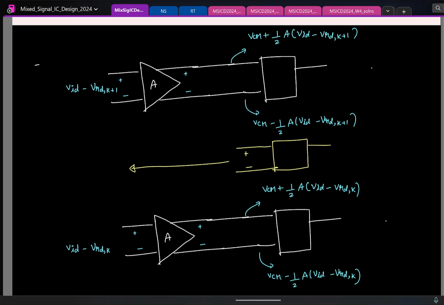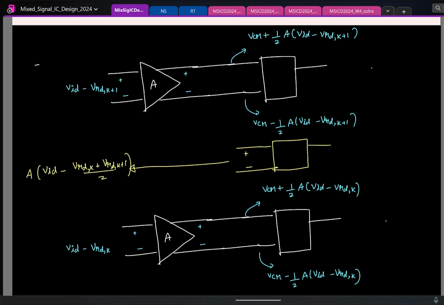A times the differential. See, if I take the difference between the two, what do I get? A times the differential input minus the k plus 1th reference. So here what will I get? A times the average of the two reference voltages, VRDK. That's all. Differentially, this is what I should be applying here.